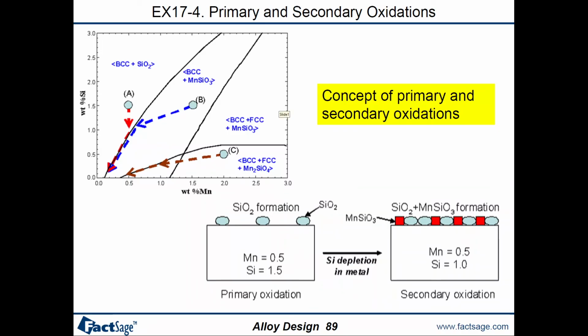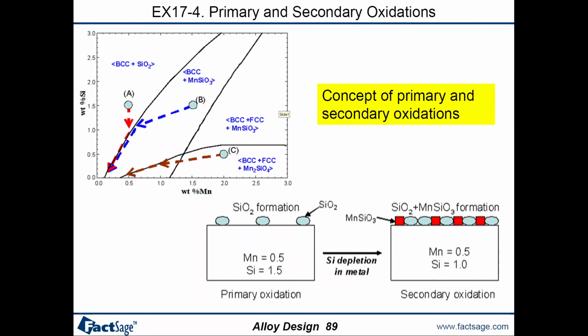Therefore, by drawing the primary oxidation diagram in FactSage, first we can get an idea of what kind of composition we should take to avoid the oxidation of the surface at the annealing condition for our composition.